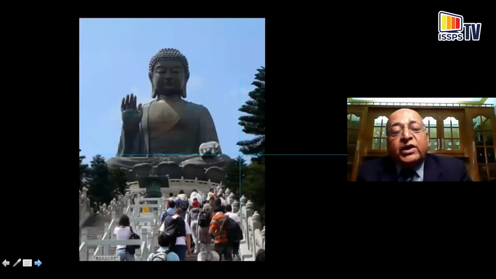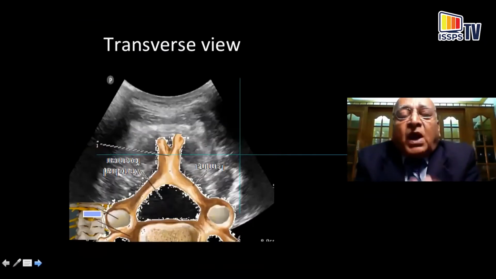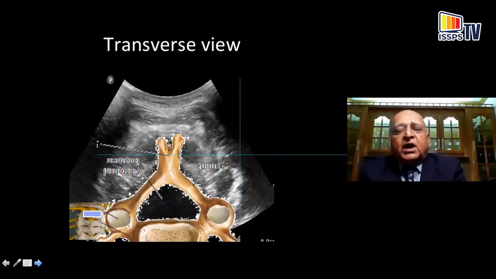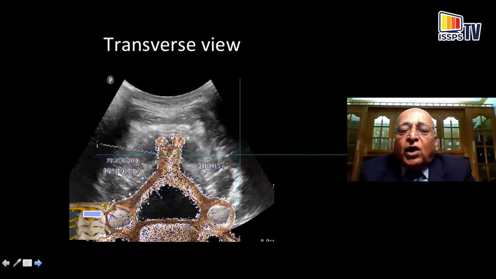When you look at the ultrasound image of the cervical spine, it's all gray, black, and white. One way of understanding the sectional anatomy is to correlate that with any of your anatomy textbooks, which will have the cross-sectional anatomy, and then superimpose that over whatever structure you're trying to visualize, and that will give you a better understanding of what the structure is.